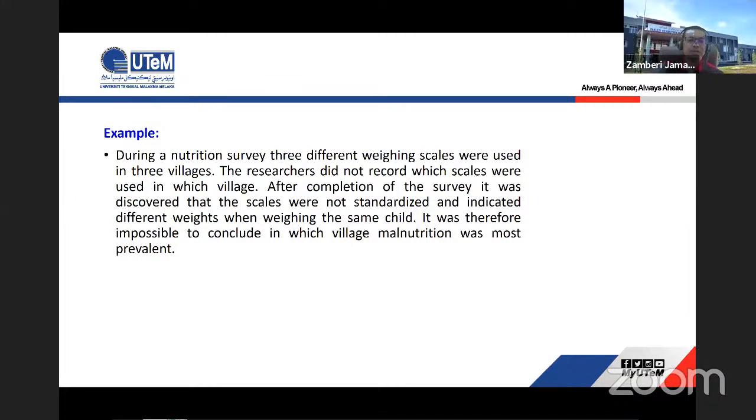This is a very simple example which highlights that the right methodology should be thoroughly discussed at the very early stage of the research work.